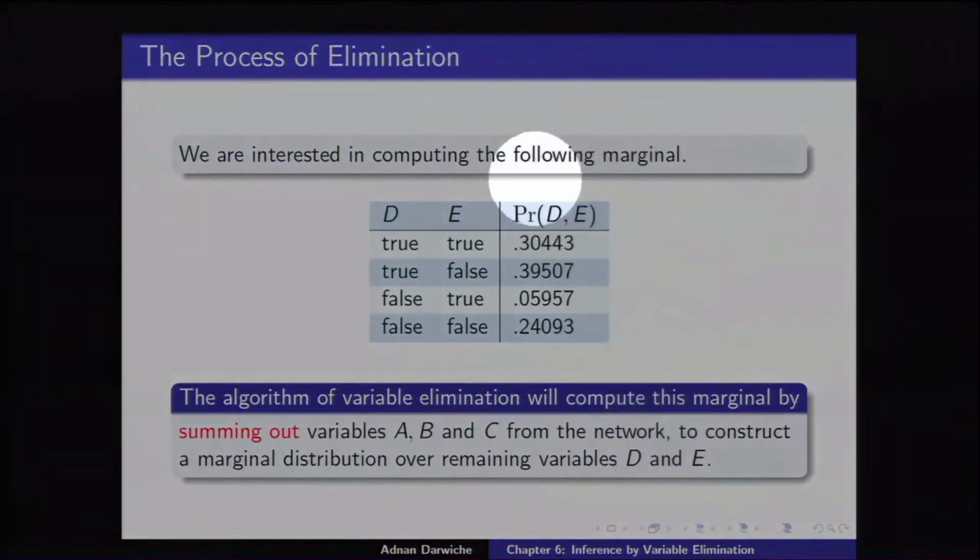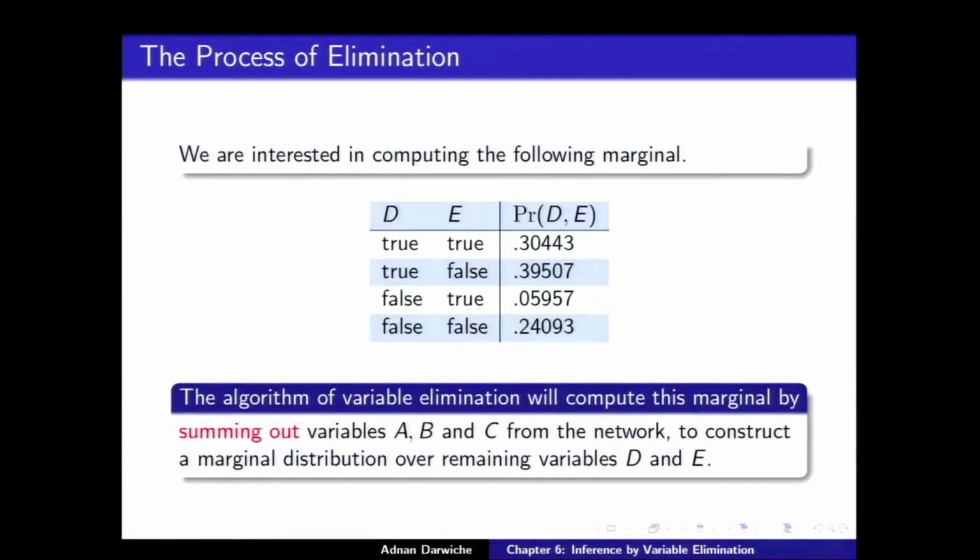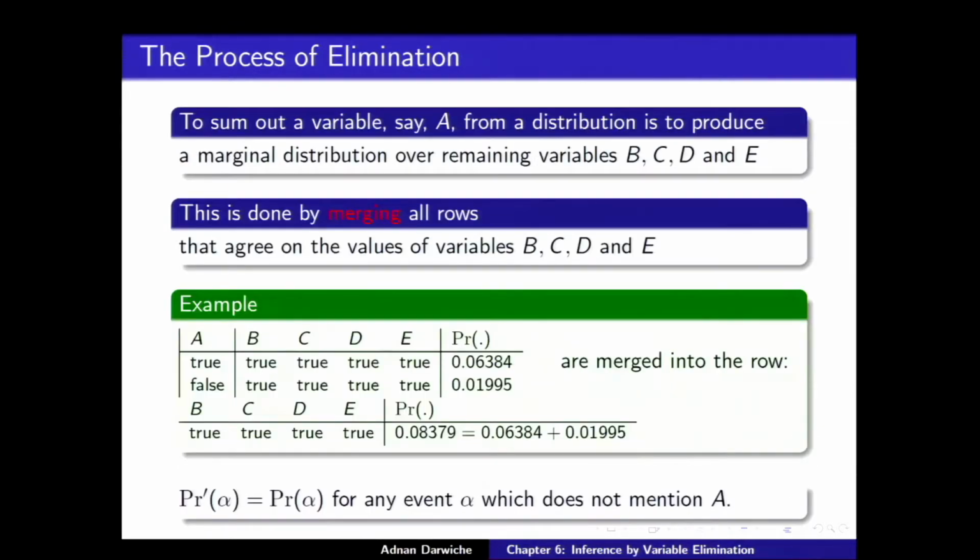That process of elimination, we also call summing out or marginalizing the variables A, B, and C. Now we're going to see it visually, and then later we'll write the equations or the formal definition and tell you some properties of this summing out. I want you to visualize this because this is going to be bread and butter of a lot of things that are going to be happening.